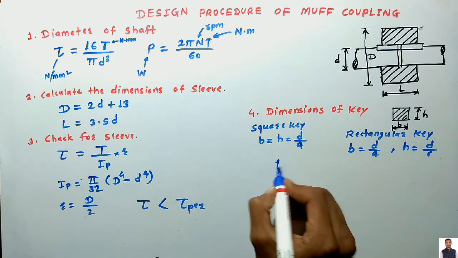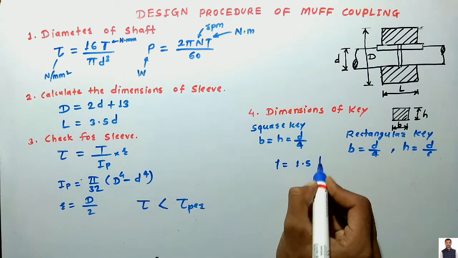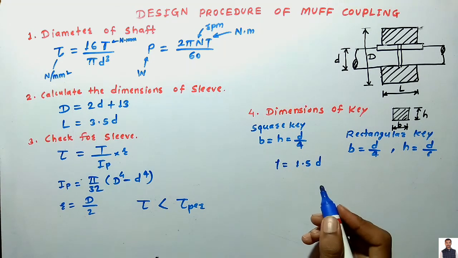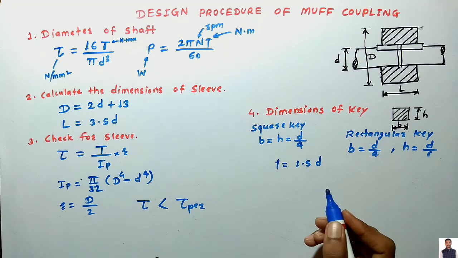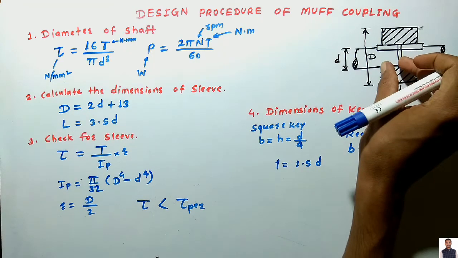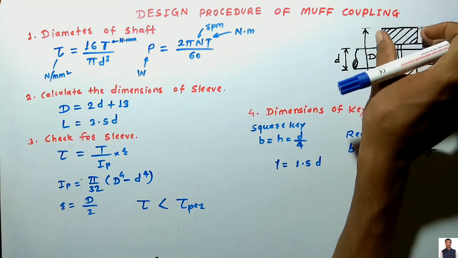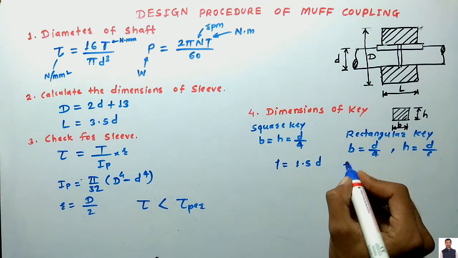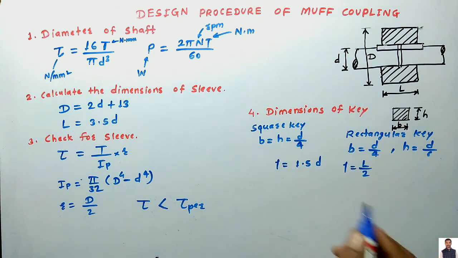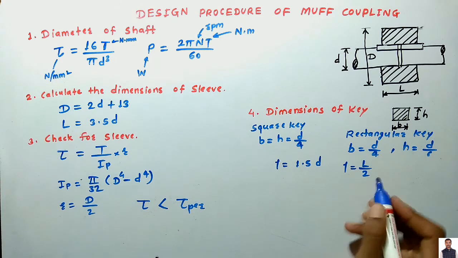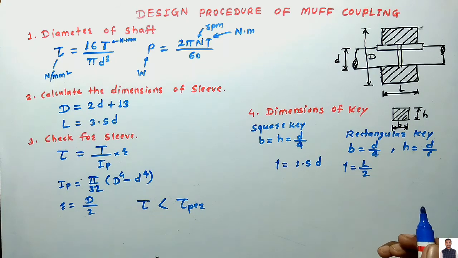For both keys L is equal to 1.5 times the diameter of shaft, but in this case the length of key is L by 2, so half of the sleeve length. So this is the length of key.